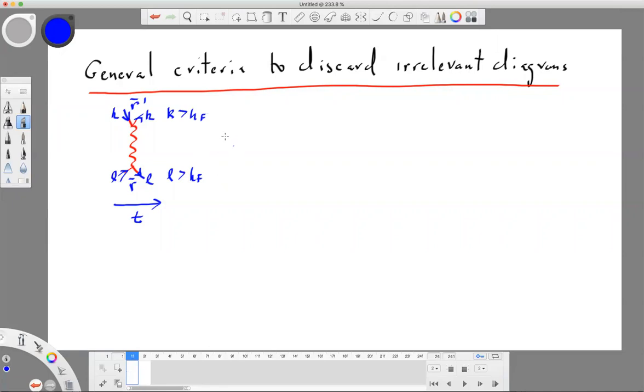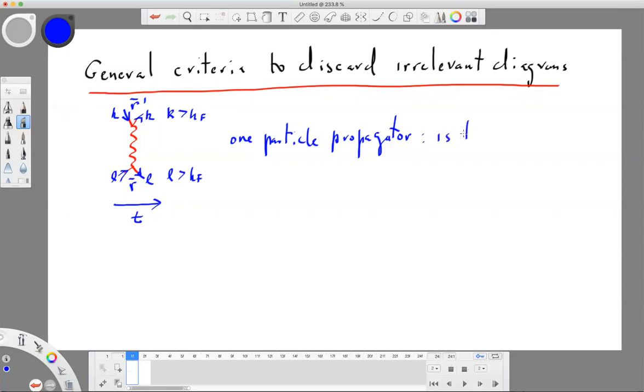Okay, so for the one particle propagator, is this diagram possible, whatever the connections are outside?